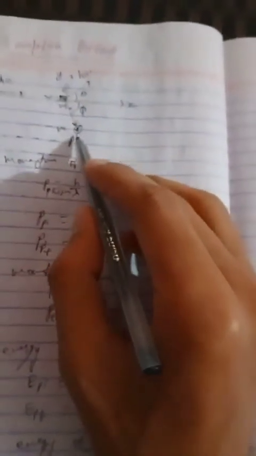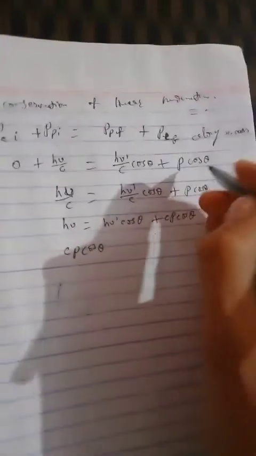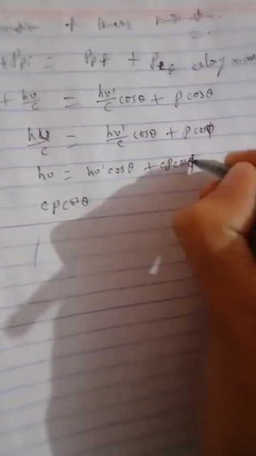For the component of this momentum p, it will be cos phi. So it will be p cos phi. So we have cp cos phi equals h nu minus h nu prime cos theta. Let this be equation 1.